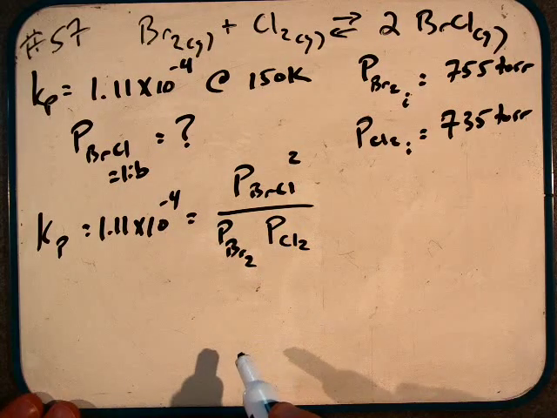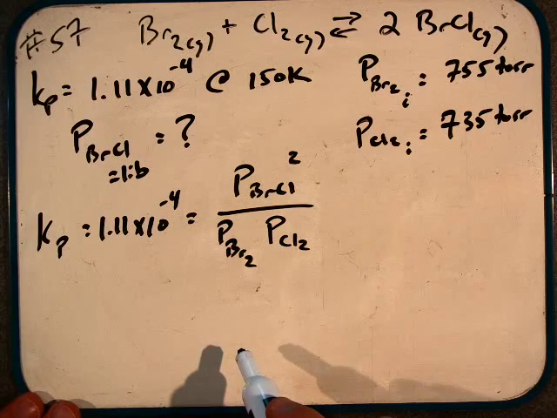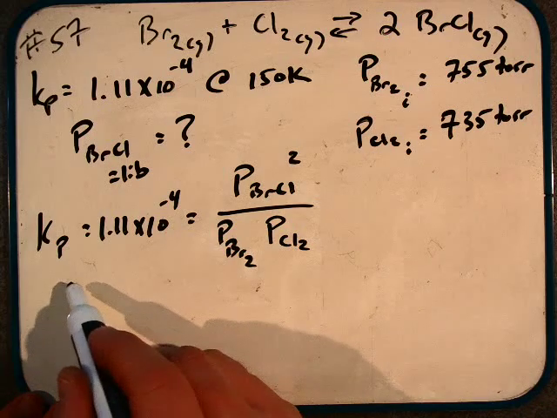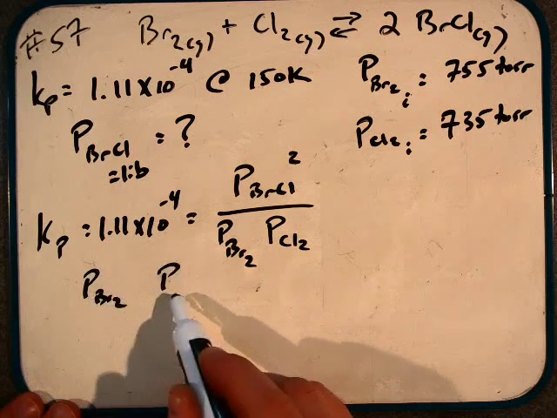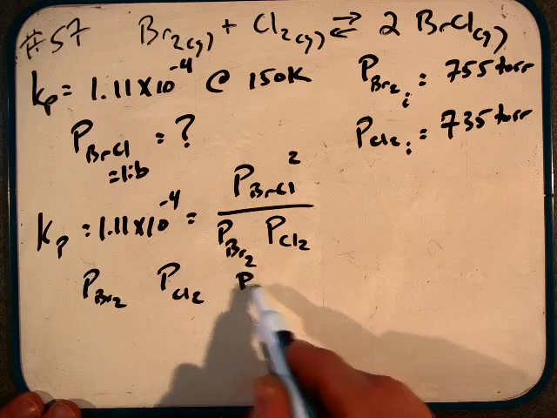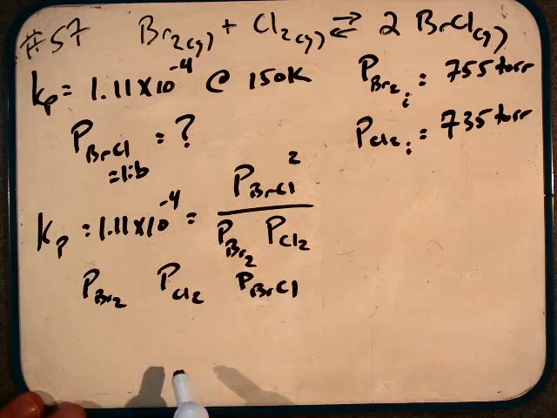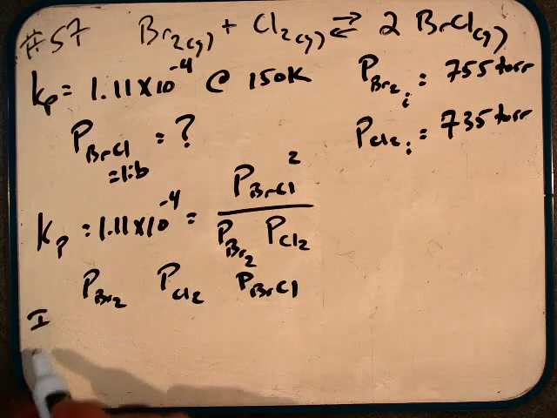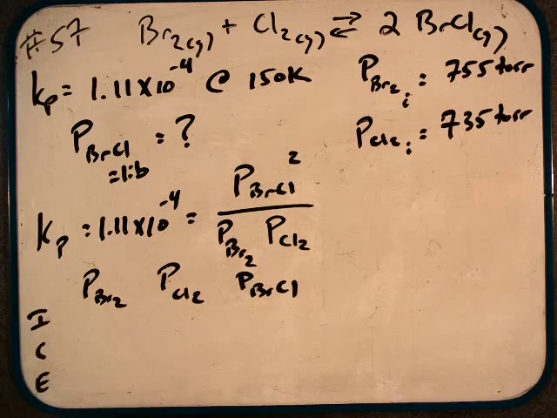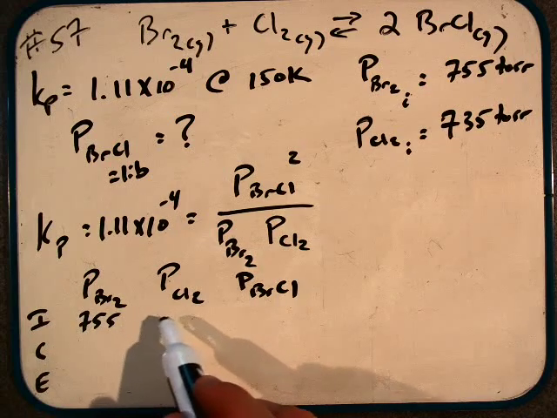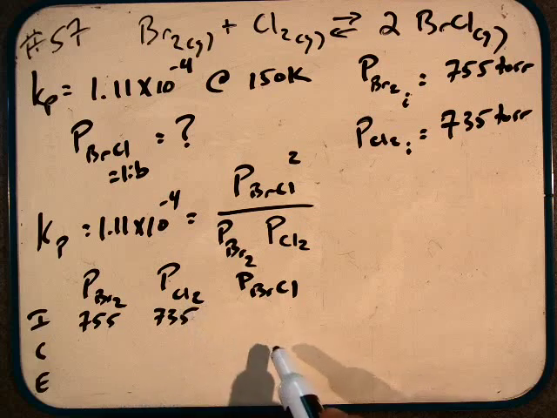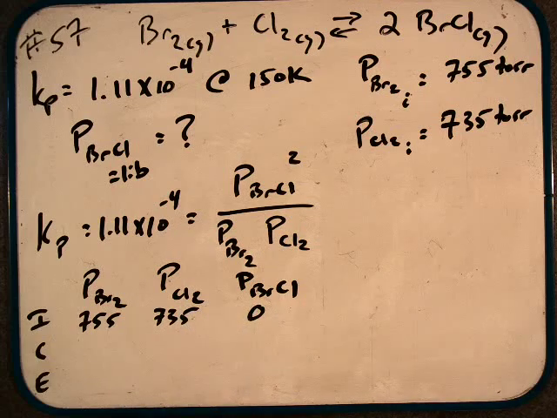And so from that we need to construct our ICE table. These are pressures: the pressure of Br2, the pressure of Cl2, and the pressure of BrCl. We have an initial, a change, and an equilibrium. Initially, we have 755 torr for Br2, 735 torr for Cl2, and 0 torr for our BrCl.